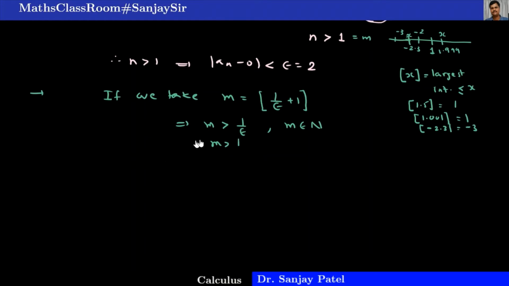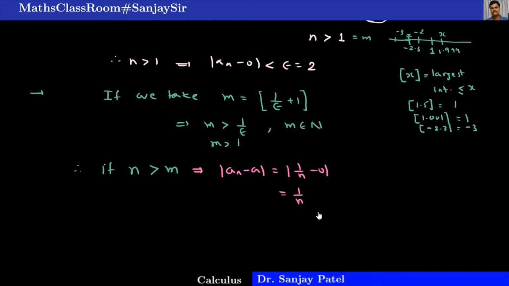Okay, so what we can say here is, if I choose n, the term number n, greater than the number m, which is given by this, then what happens is mod of an minus a, that is mod of 1 upon n minus 0, which is nothing but 1 upon n.